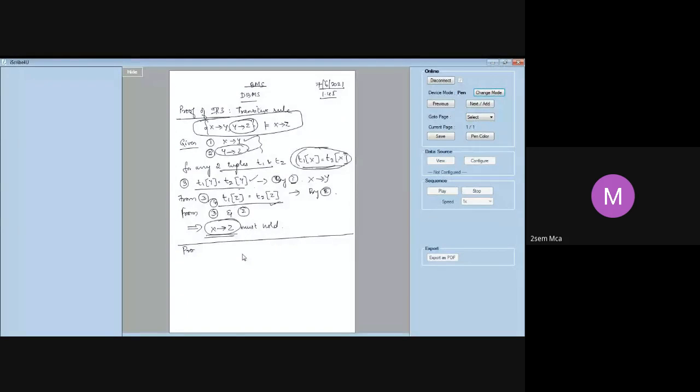We have to prove the inference rule of transitivity. So given x determines y and y determines z, we are trying to see how we can prove x determines z.